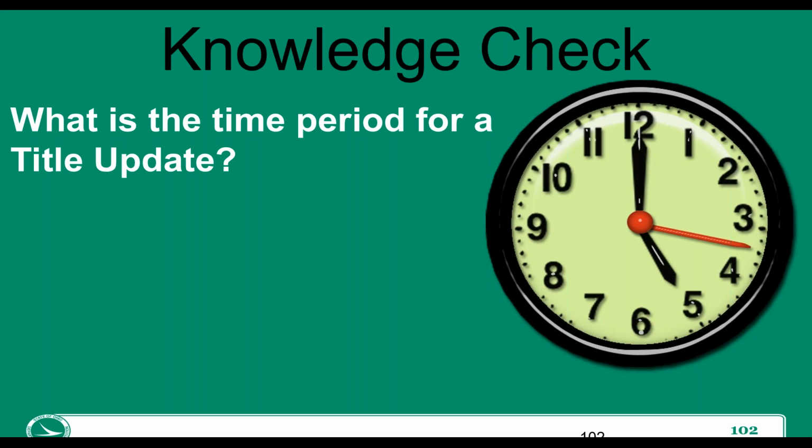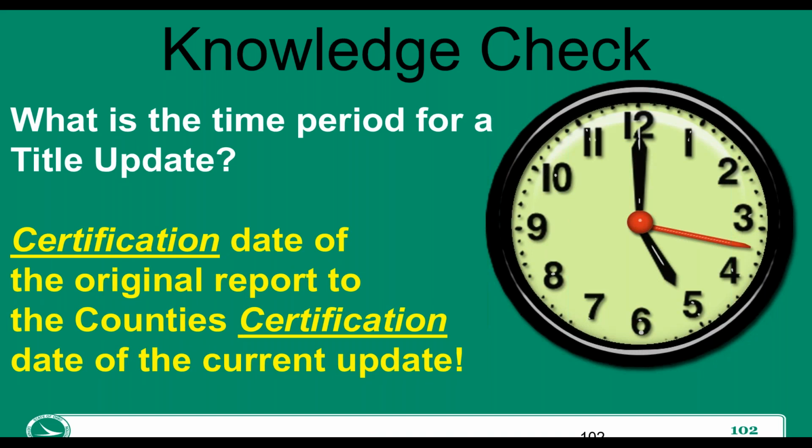All right, so Don, someone typed in, from previous original title, from current certified date backward, between the last report and the cert date. So those are the 3 responses so far. Great, we're on target. The certified date of the original report to the county's certification date of the current update.